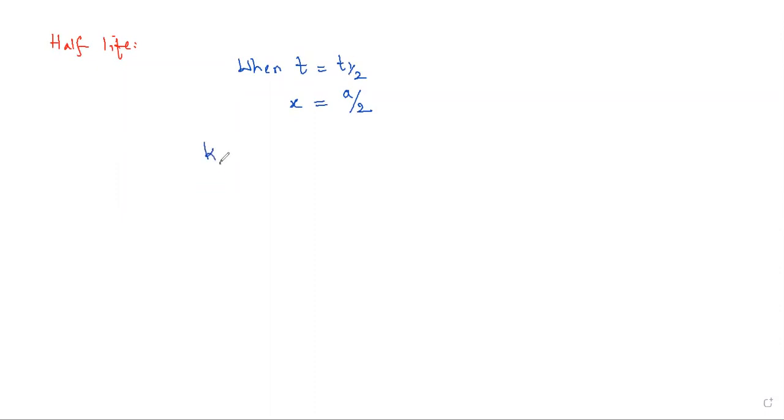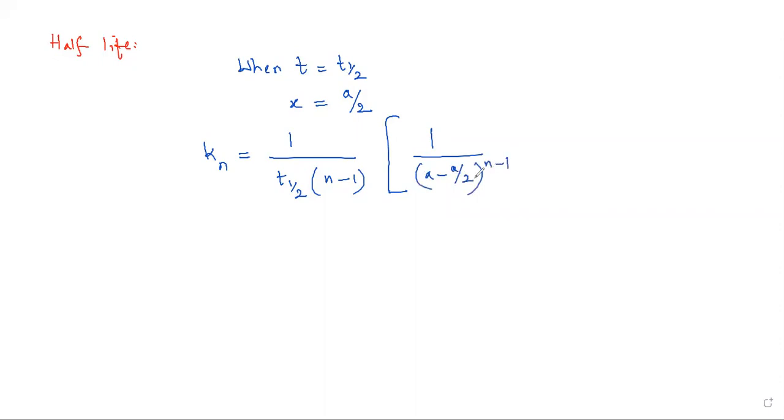Now substituting that in the expression for kn, t of n minus 1. Now let us write it as t half of n minus 1, 1 by a minus x to the power n minus 1, x is now a by 2, minus 1 by a power n minus 1.